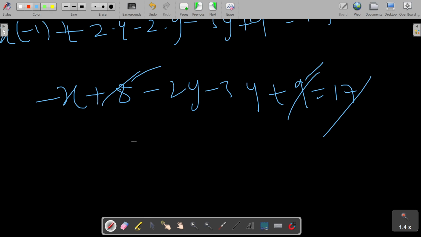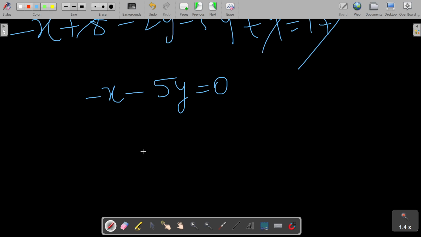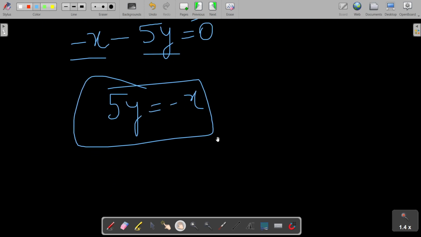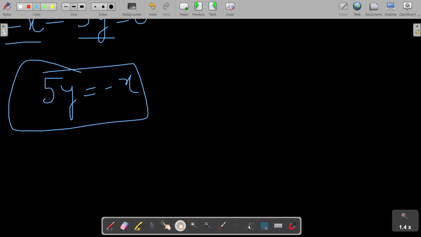I am left with minus x minus 5y is equal to 0. If I send this term to the other side, I get 5y is equal to minus x. This is the equation of a straight line passing through the origin.